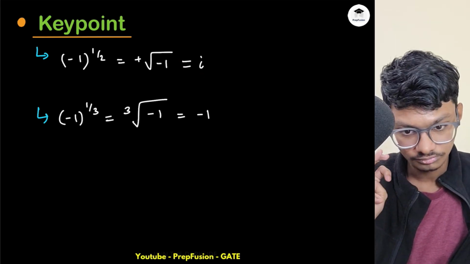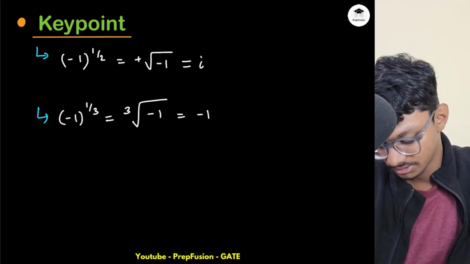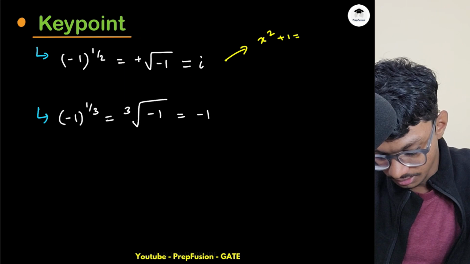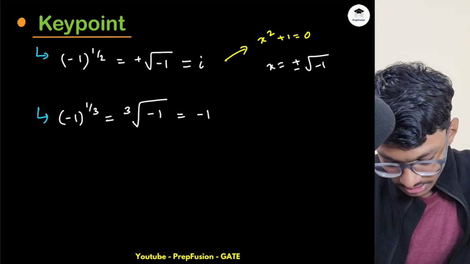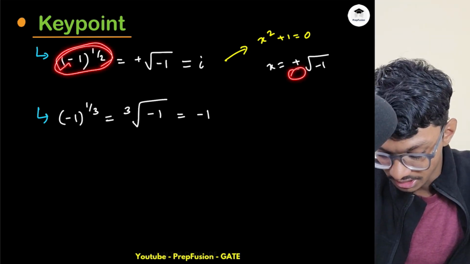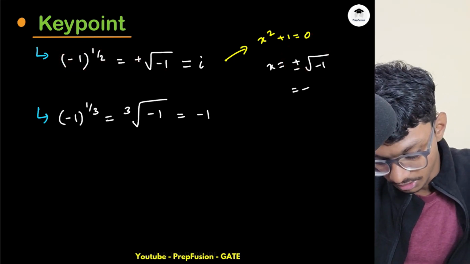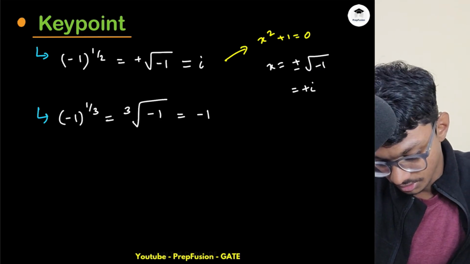So how do we solve this? You can solve it using x square plus 1 equals 0. So x will be equal to plus minus the square root of -1, but I am only concerned about the plus value. That's why I will pick only iota. And here, how will you solve this?